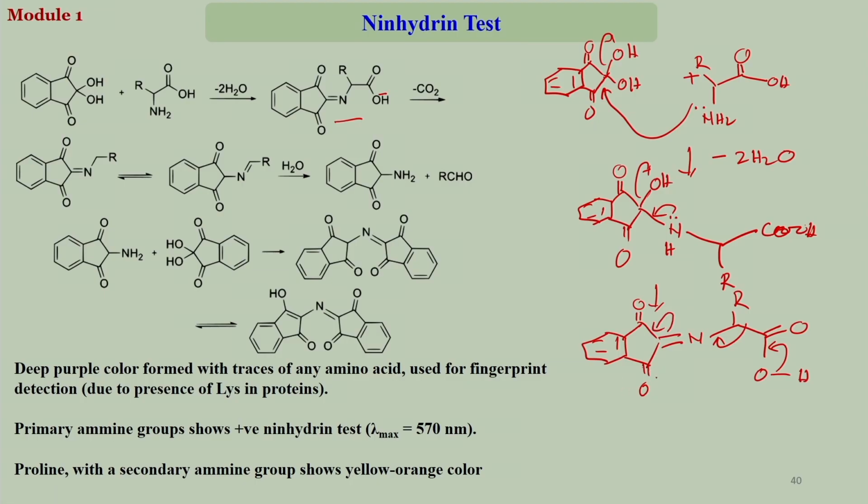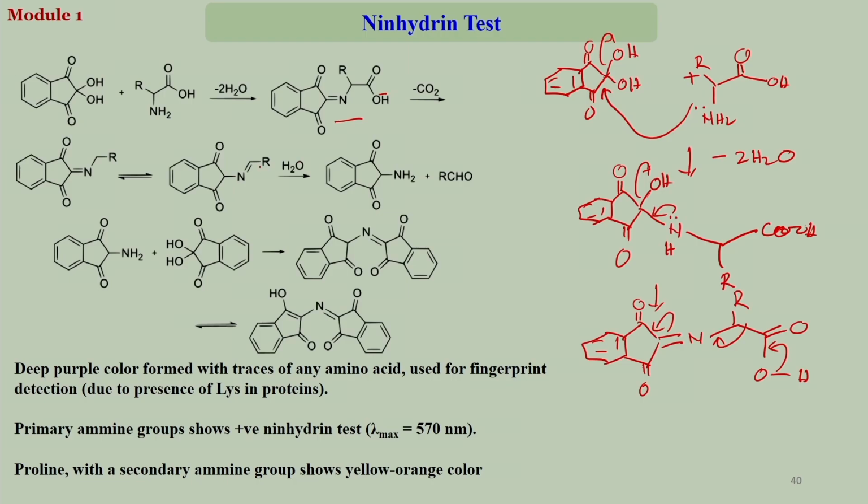Because you have electron withdrawing carbonyl groups, they have the tendency to withdraw electrons, which makes this carbon electron deficient, so it can attract electrons. You get this form first with a double bond here, and then it forms resonating structures. This is more stable, so it will form this compound. Now the presence of water will hydrolyze this bond.